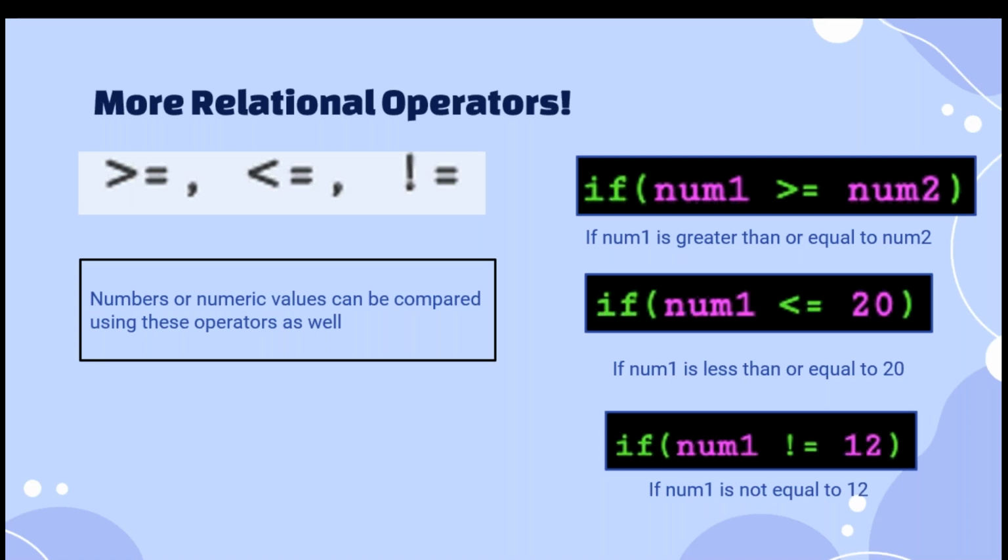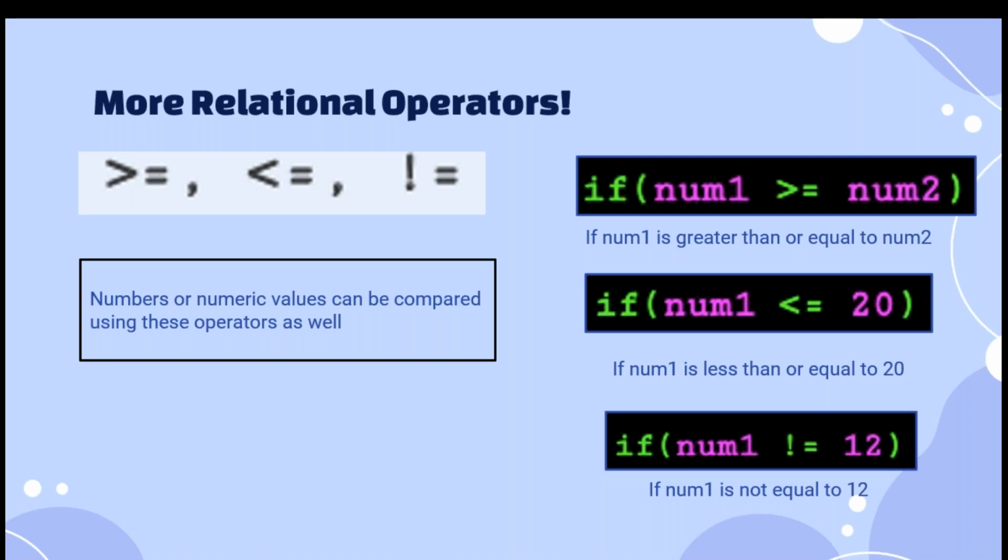And just like in the previous slide, we can either use numbers or variables inside an if statement when we actually use these relational operators. Over here on the right, I've also attached three pictures, and I've also written what they mean.